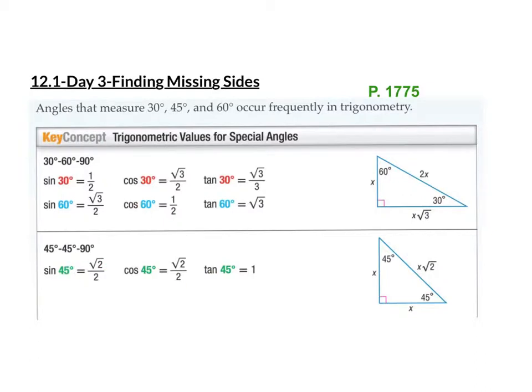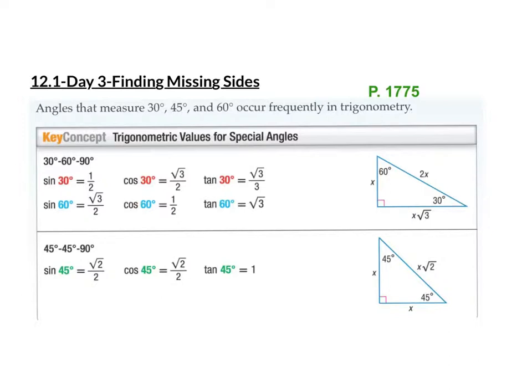You can derive those. Up here in a 30-60-90, you've got a 60-degree angle, a 30-degree angle. The relationship is that the hypotenuse is double the shortest leg, or the shortest leg is half of the hypotenuse. And then the longer leg is going to be that shorter leg times the square root of 3. And then all the associated trig functions that go with it.